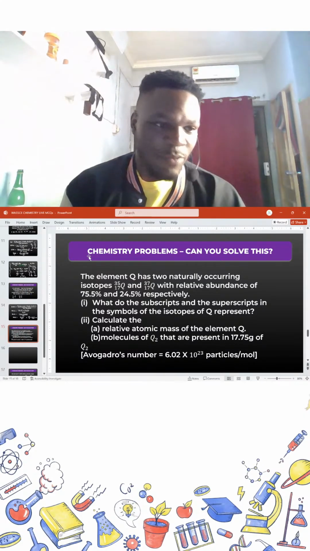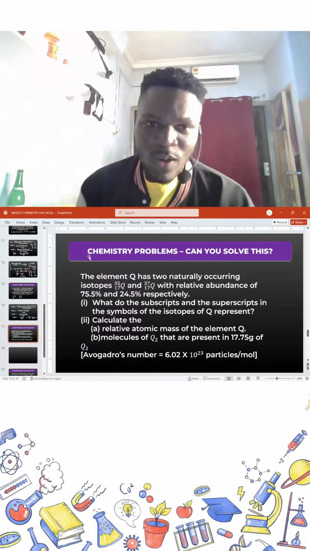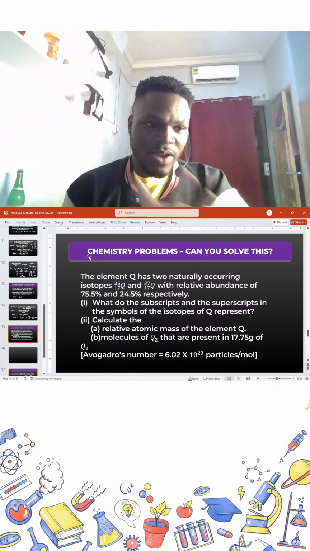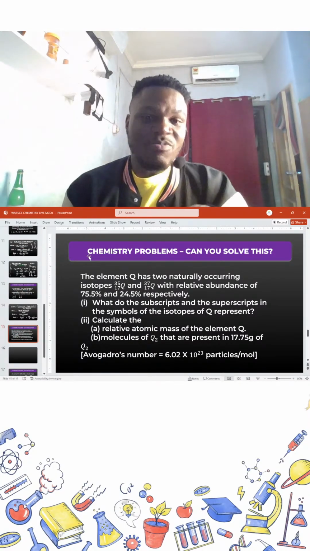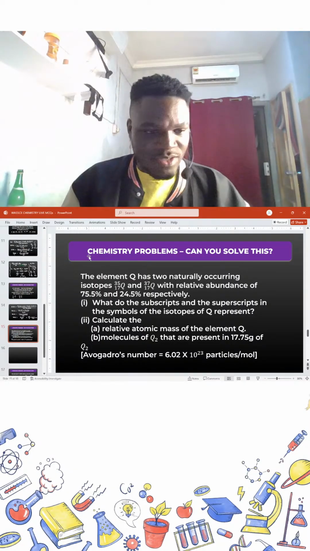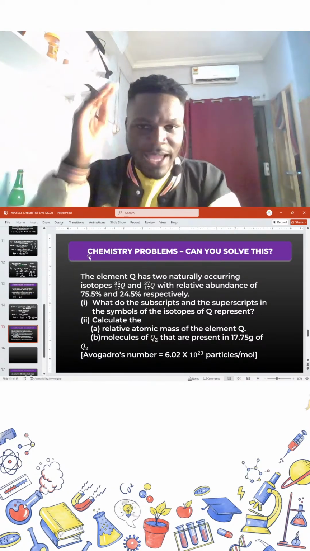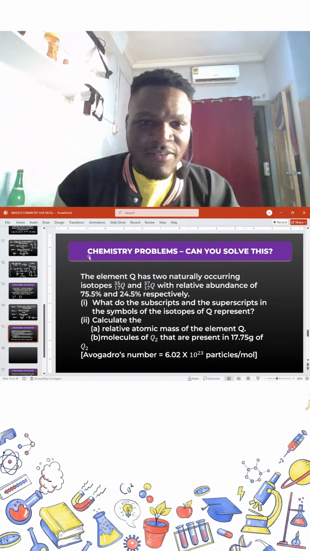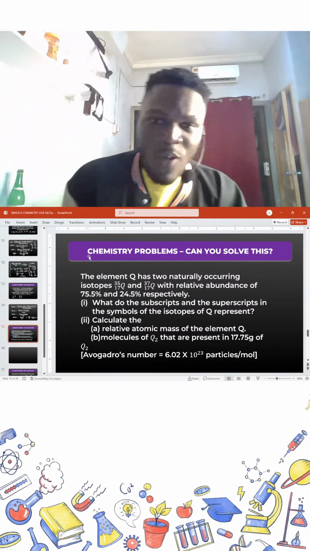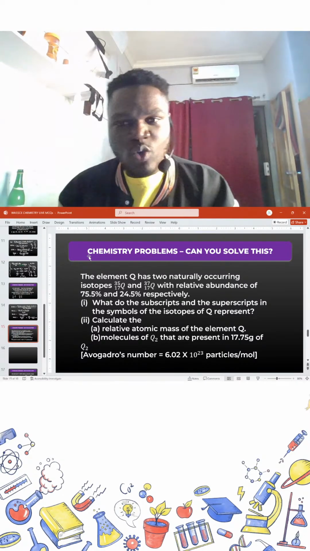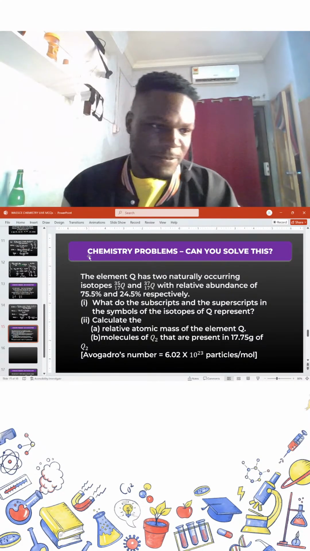Okay, so if you look at this one, Juliet, you can see that we've been given the two isotopes, isotope 35 and isotope 37, and we've been given the percentages already. So this one is very easy. You just put them into the formula, multiply, divide by 100, and then you get your answer, okay? Very easy. So now the first question they ask is, what do the subscript and superscript in the symbol for the isotopes of Q represent?